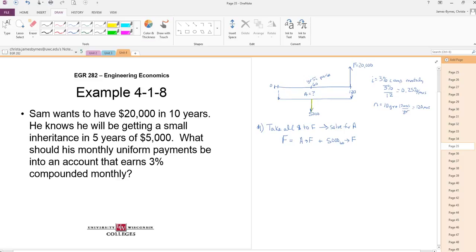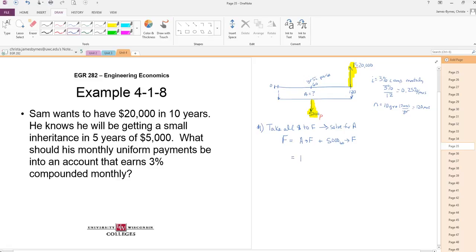Well, if I think of this $5,000 right here and this $20,000 up here, that sure looks to me like a P compared to this future. So if I wanted to draw my cash flow, I could break it down.